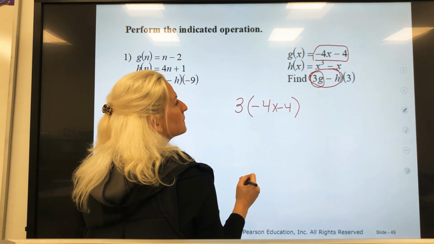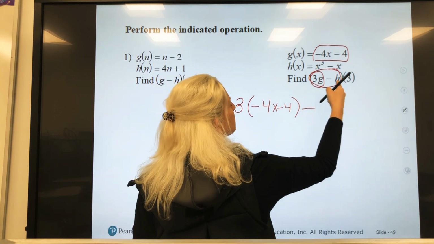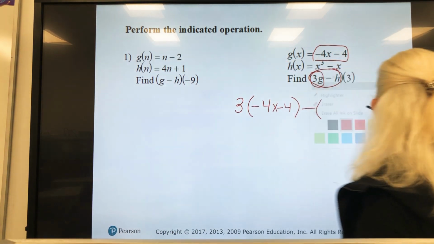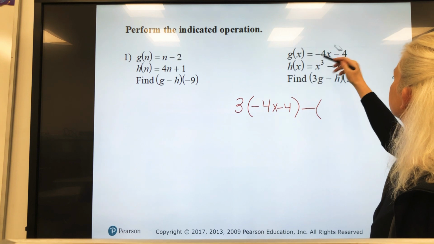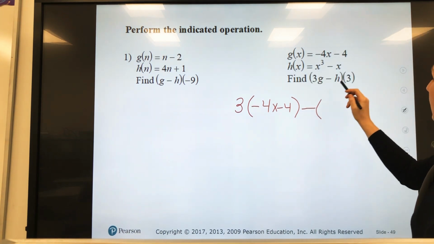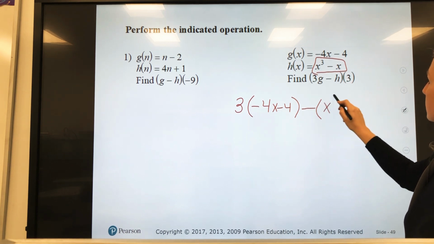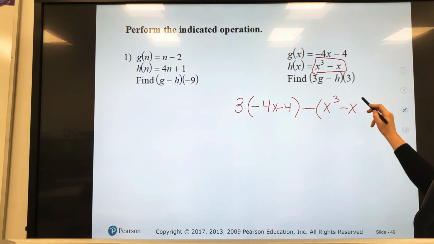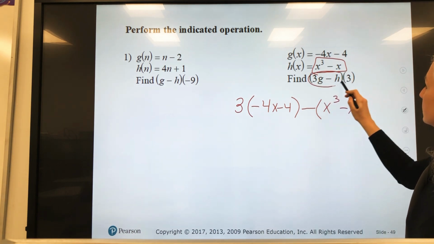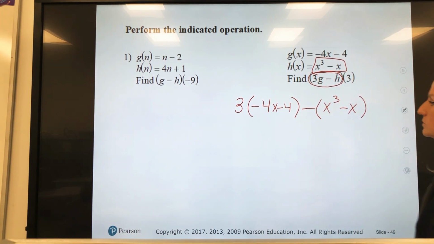Minus my h function. Let me clear out some of this because I kind of made a mess here. Okay, minus my h function, so that's minus this, which is x cubed minus x. Okay, that's what this is. So let's do that first, and then we'll go ahead and do the 3.